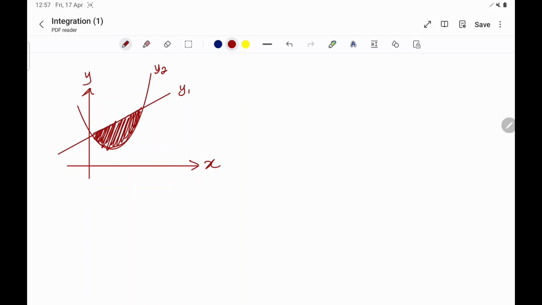When you want to find the area that is shaded here, you have to find the area starting from the intersection point, which I will call A, until the last intersection point, which is B. So how do we find the area using integration? Remember, upper minus lower. We integrate upper minus lower from A to B, which is this interval.